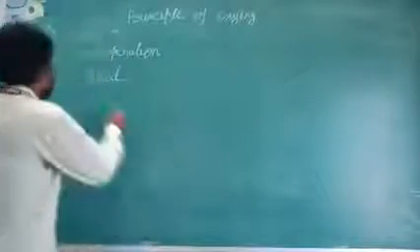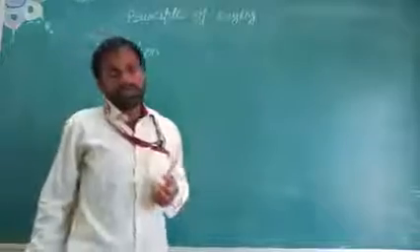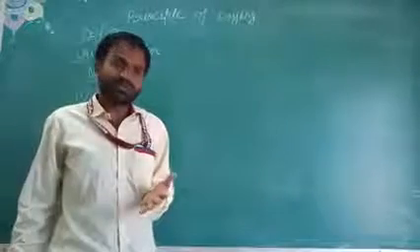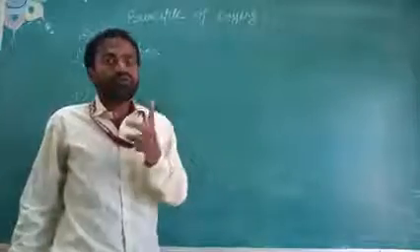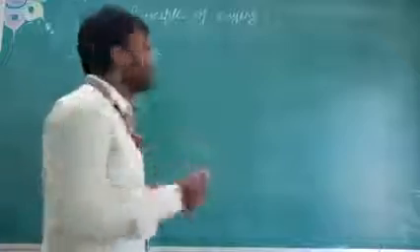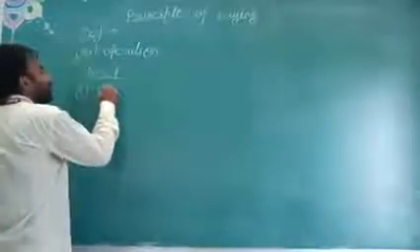So when we harvest any agricultural commodity, a lot of moisture is present in it. There are two forms of moisture present in the grain. First one is unbound moisture.